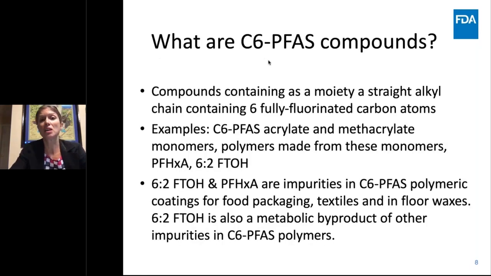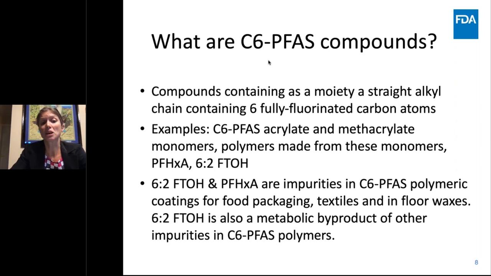So what are C6 PFAS compounds? This is going to be the focus of the talk today. These are compounds containing as a moiety a straight alkyl chain containing 6 fully fluorinated carbon atoms. Exactly 6, not 4, not 5, not 7, 6. Examples are C6 PFAS acrylate and methacrylate monomers, and polymers made from these monomers, as well as perfluorohexanoate and the 6,2-fluorotelomer alcohol.